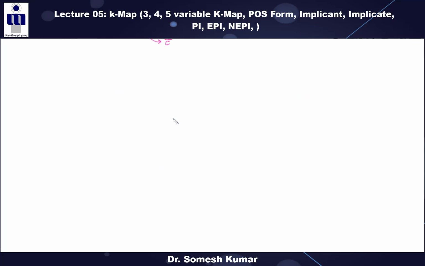Now we are studying the 4-variable K-map, right? So how many cells do we have to take in the K-map for this? 16, right?